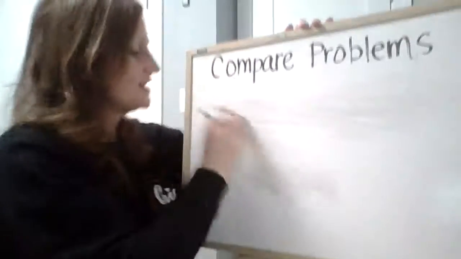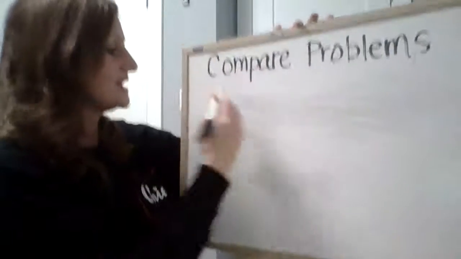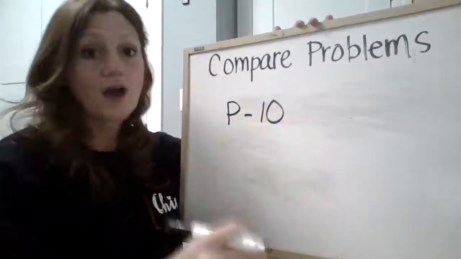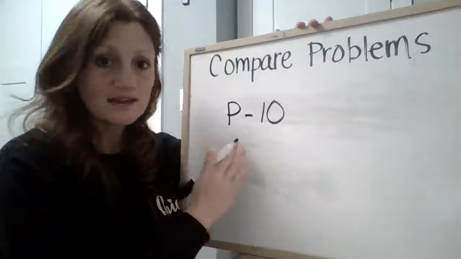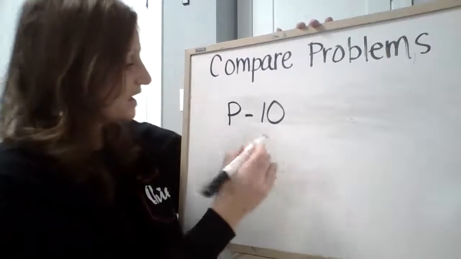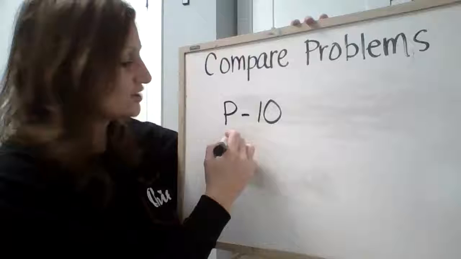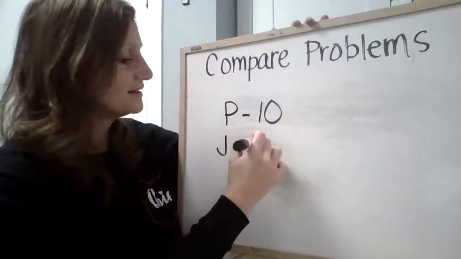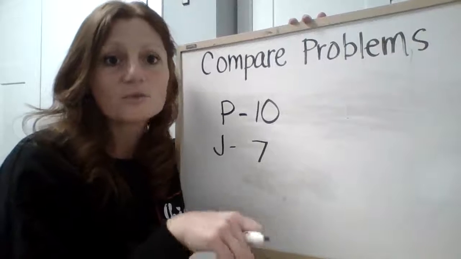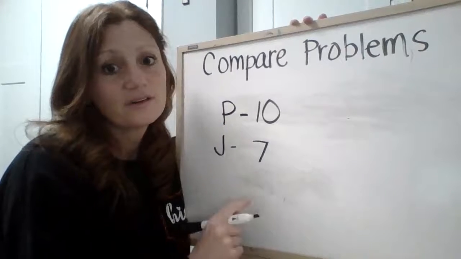Okay, let's see. So let's do Pete. Pete had 10 rocks in his pocket. So Pete, this P stands for Pete, he has 10 rocks in his pocket. And we'll say John had 7 rocks in his pocket. I want to know how many more rocks does Pete have than John?